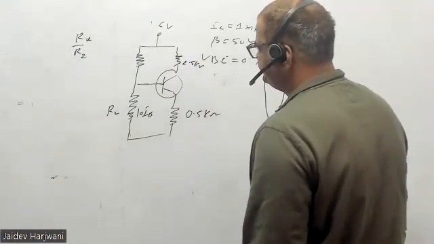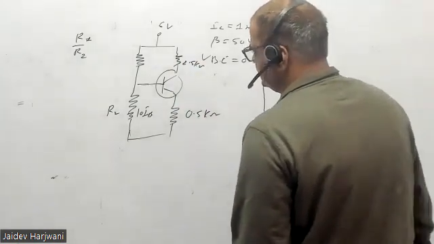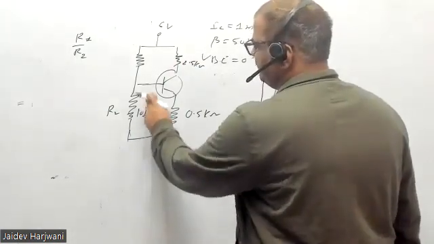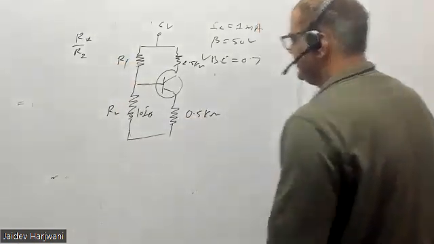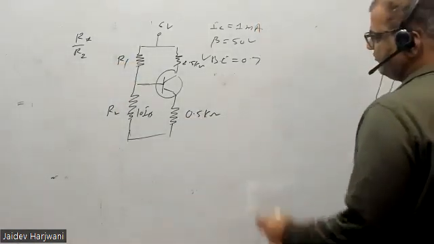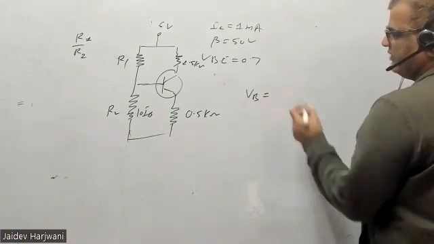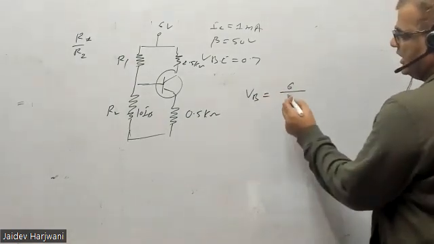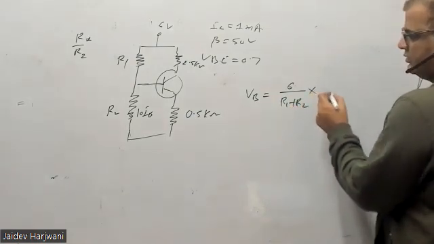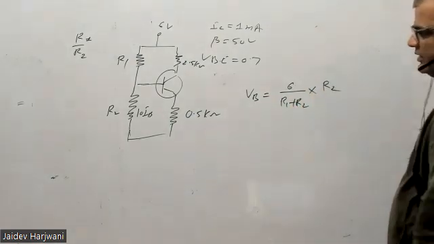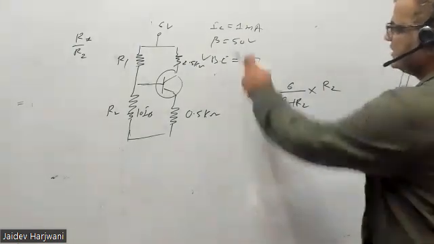So this is 10 IB. If I neglect this current, automatically the current here also is 10 IB. So you can find the voltage VB. VB will be 6 upon R1 plus R2 into R2. This is VB. Now IC is given 1 milliampere.